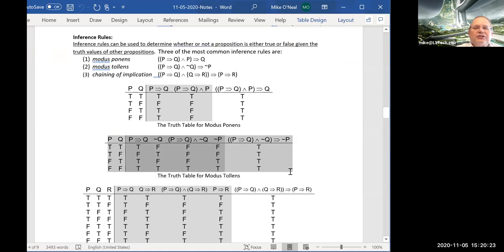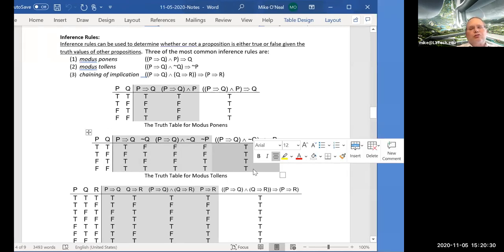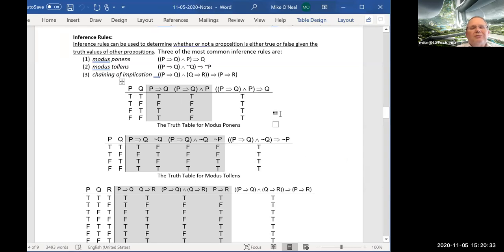Well, it looks like this. You will note that this modus tollens is a tautology. It is true in all possible worlds, but it's really only useful in the world where the if statement is true and Q is false, because we're talking about not Q needing to be true here.